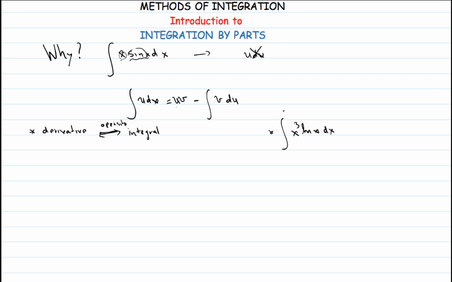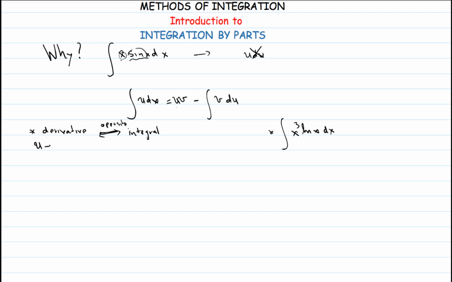Maybe due to experience and practicing a lot, you will end up getting the grip of it. But to choose u and v, you don't choose by luck, and you don't choose it just because you love it. You choose it because there is a principle, a rule, that you have to follow. Now, what is our u?